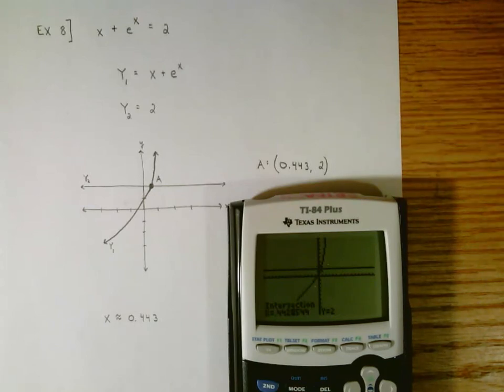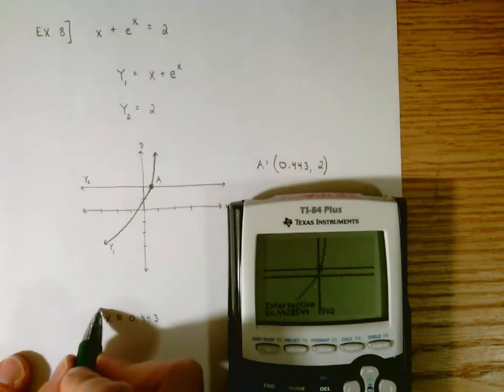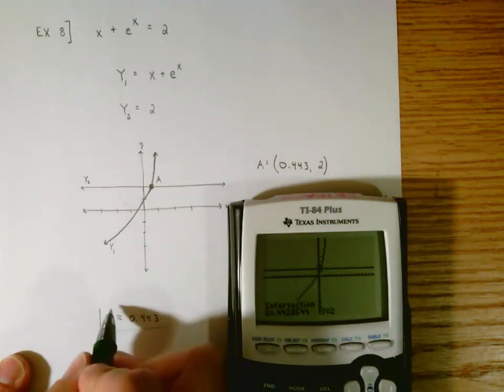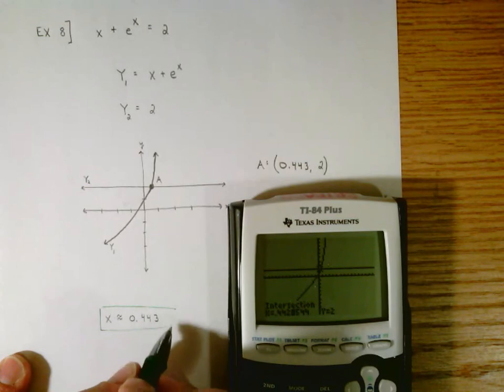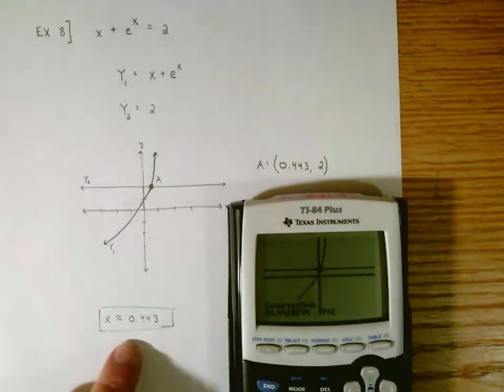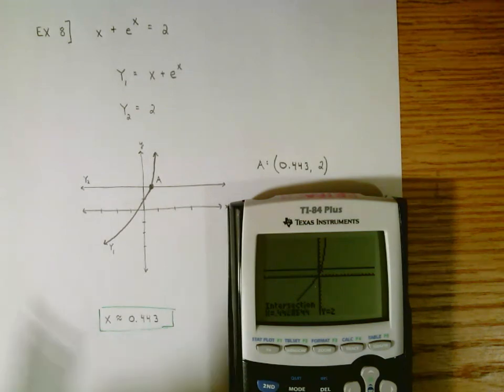That's the work that justifies my answer. Then I remember that the definition of solve is to find the value of the variable that makes the equation true. So I want to make sure at the very end of this that I state here's the value of x that satisfies this given equation.